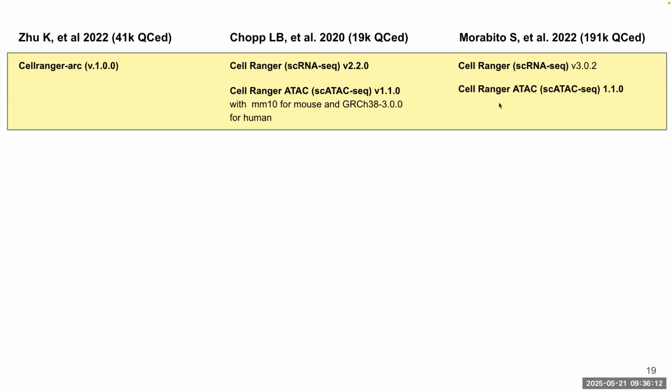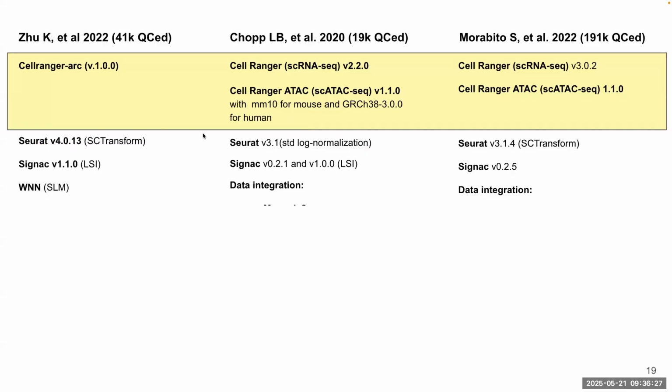It could be for several reasons, because you can see here the versions that we are looking at. I think the strategy with the multiome protocol was not very well known yet. And this can be explained by the way they integrate the data, which I'm going to mention now. For example, the first authors, as I said, use CellRanger, and they run the normalization with this new method introduced in version 4 that is called SCTransform.